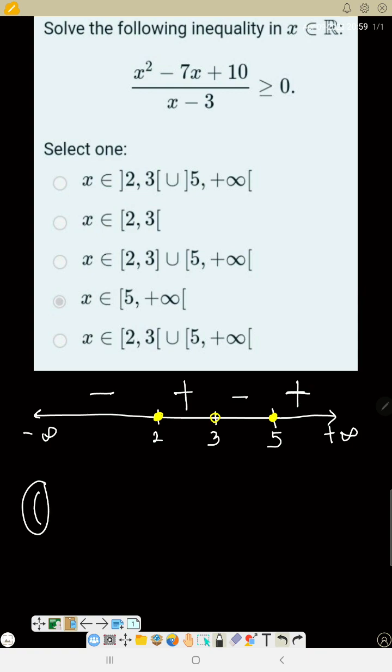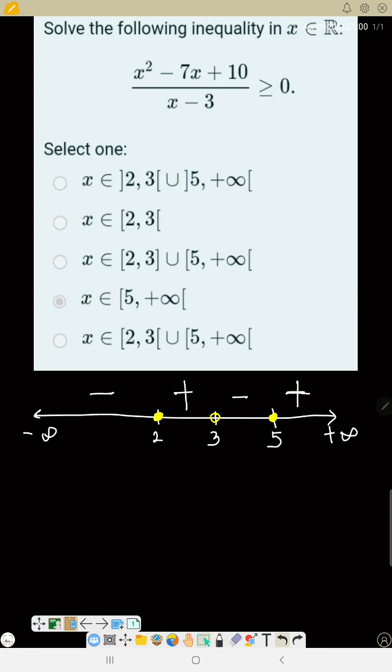This bracket is an open bracket. Watch my video on interval notation so you see how we represent this bracket. If it is open, we use this. If it is closed, we use this. So infinity is always open, so that is minus infinity, then that plus 2 is closed, like this. So union.